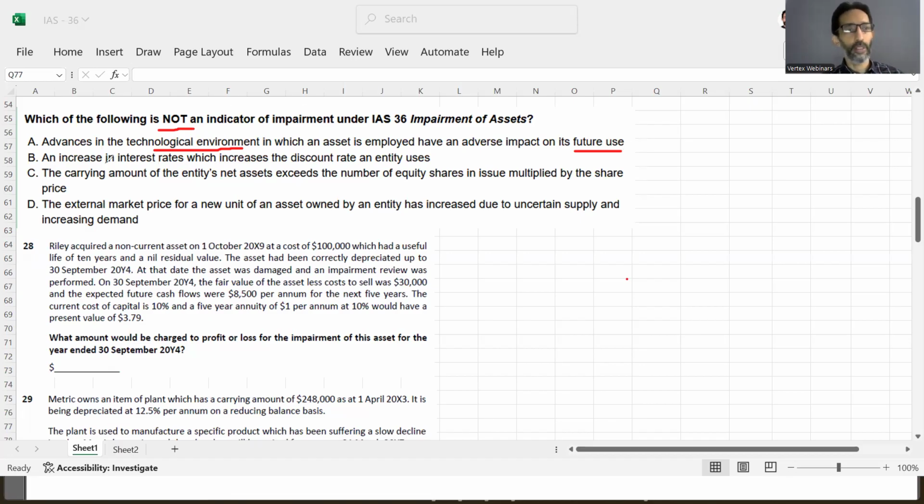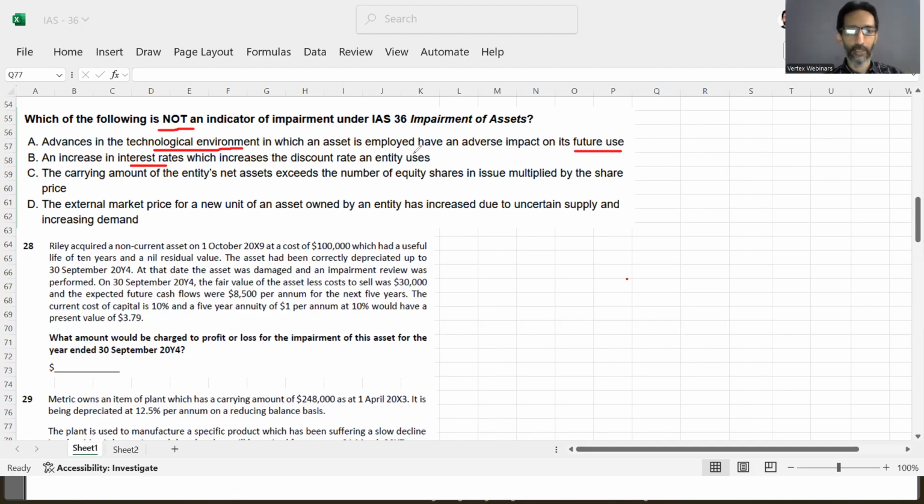Moving on to the next one, an increase in the interest rate, which increases the discount rates an entity uses. So the recoverable amount is the higher of value in use and fair value less cost to sell. So when the interest rates increase, we have to discount more, and that is going to lead to a lesser value in use.